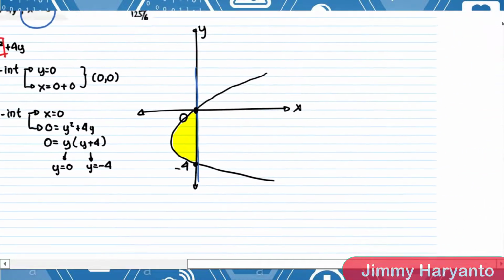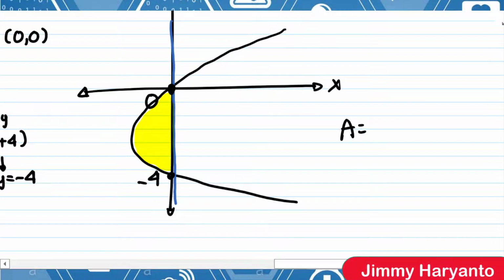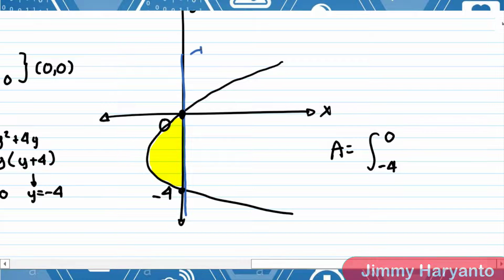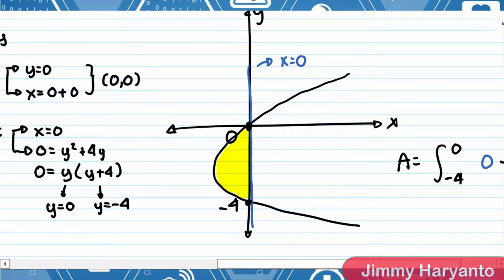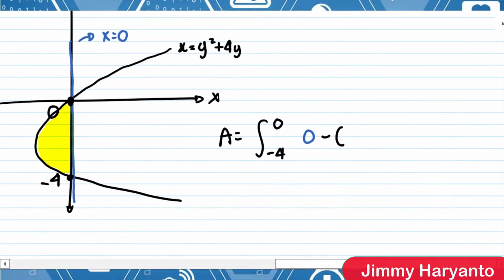We already have the limit, right? So we can find the area easily. Area equals the integral from negative 4 to 0. The upper function is x equals 0, so you write 0 right there, and then minus the lower function. The lower function is x equals y square plus 4y, so minus y square plus 4y, like this, and then dy.